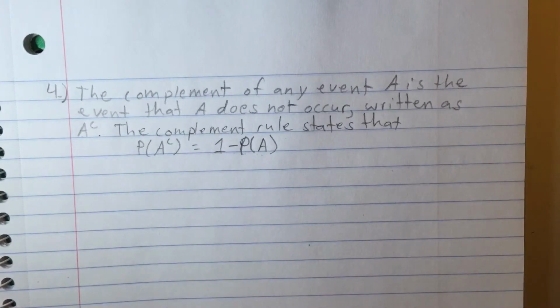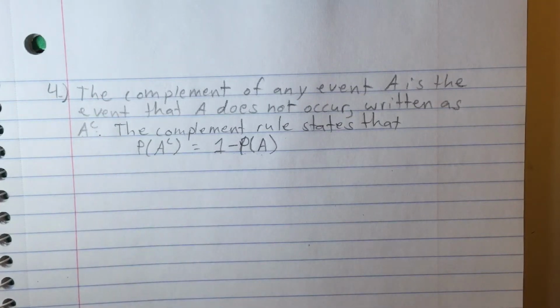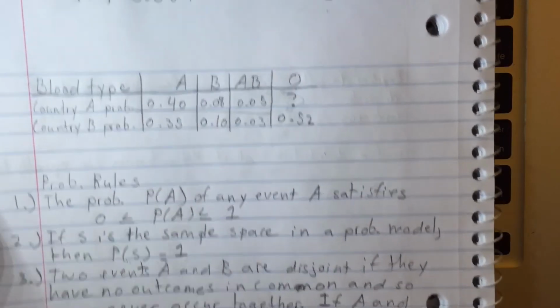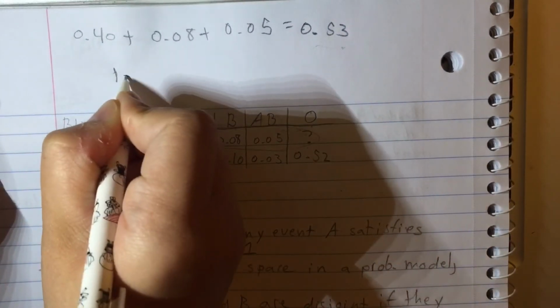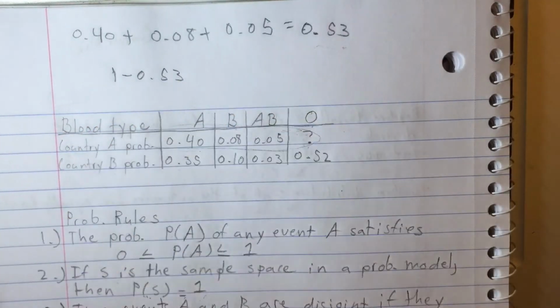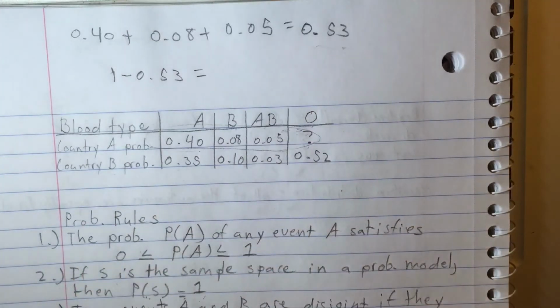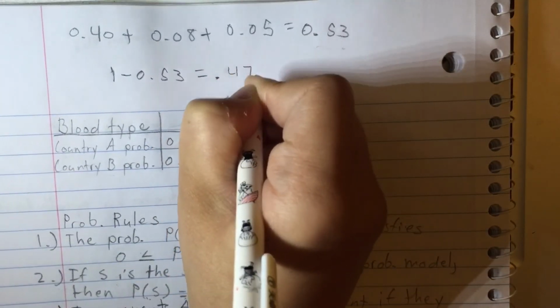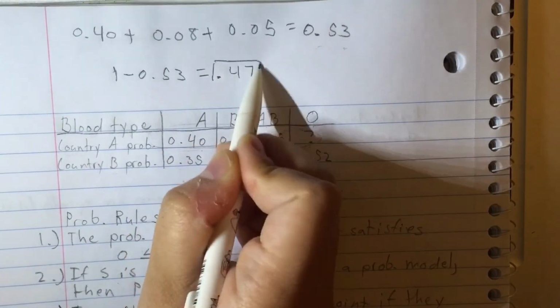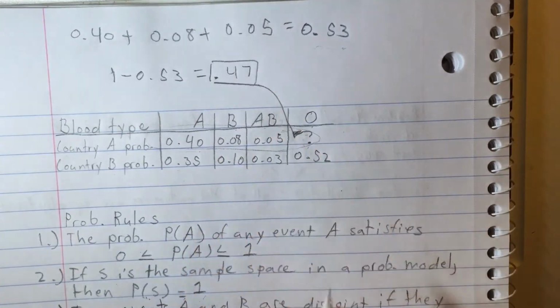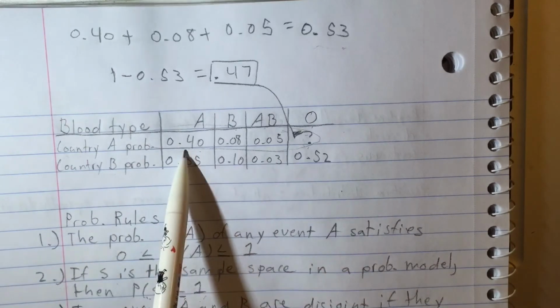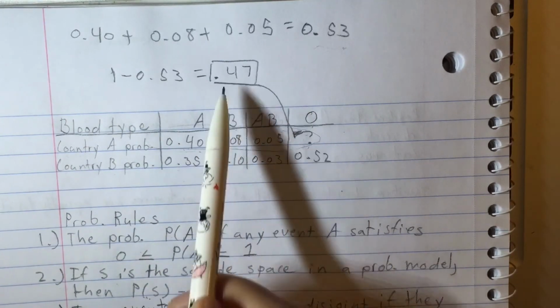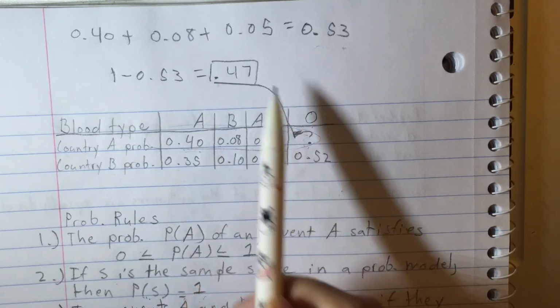The complement of any event A is the event that A does not occur, written as A C. The complement rule states that the probability of the complement of A is 1 minus the probability of A. So we do 1 minus 0.53, which equals 0.47. This 0.47 has to go in blood type O, because if we add up 0.40 plus 0.08 plus 0.05 plus 0.47, they should all equal 1.